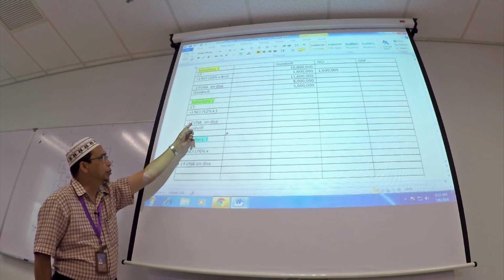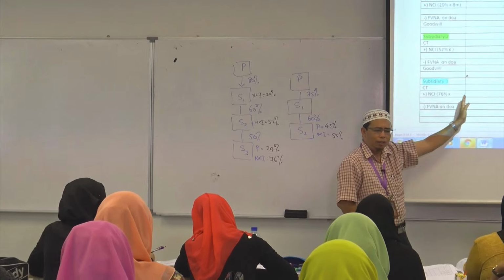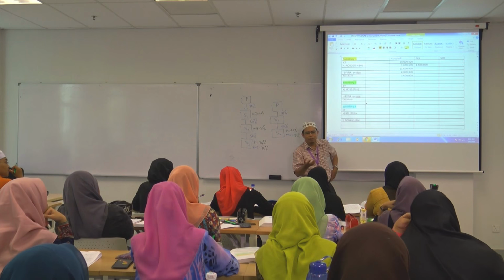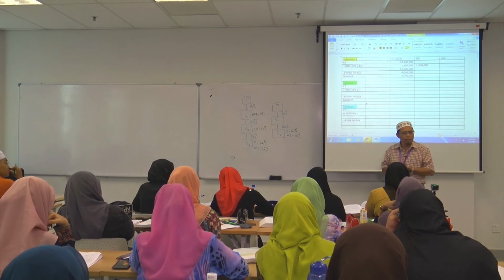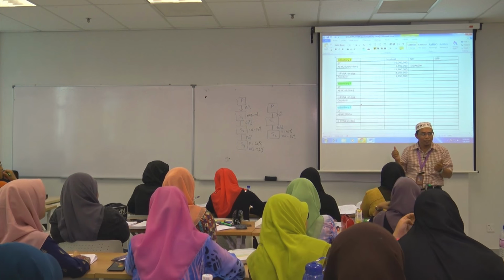So if you look at this schedule, you have to calculate the goodwill 3 times, because for each company you need to identify whether you have a goodwill or you have bargain purchase. So far, any question? You understand this?